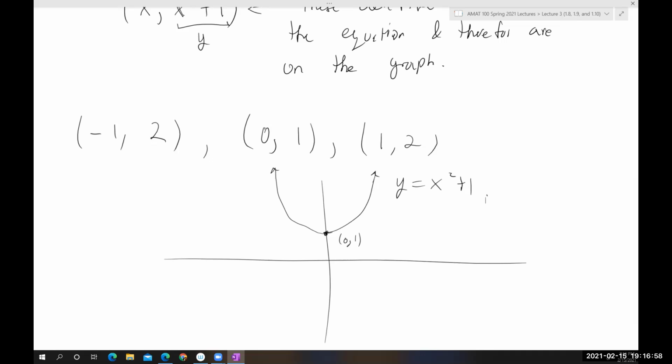So the next thing I want to look at is this absolute value equation. This is example 6 in 1.9. So this is y is equal to the absolute value of x. You remember what the absolute value is defined as.